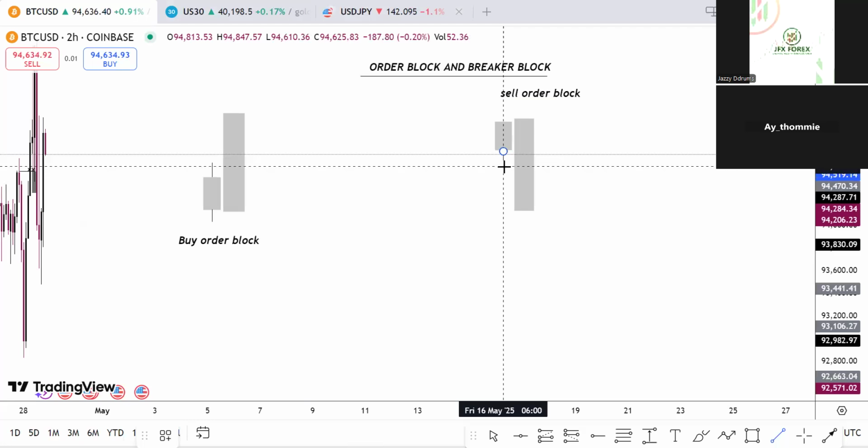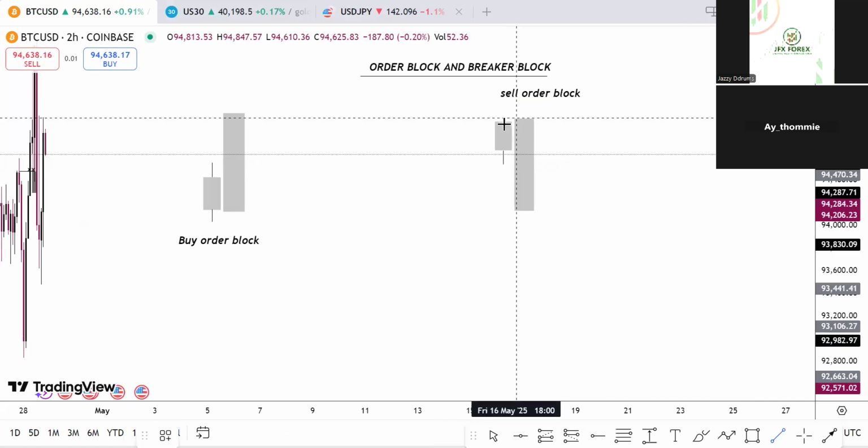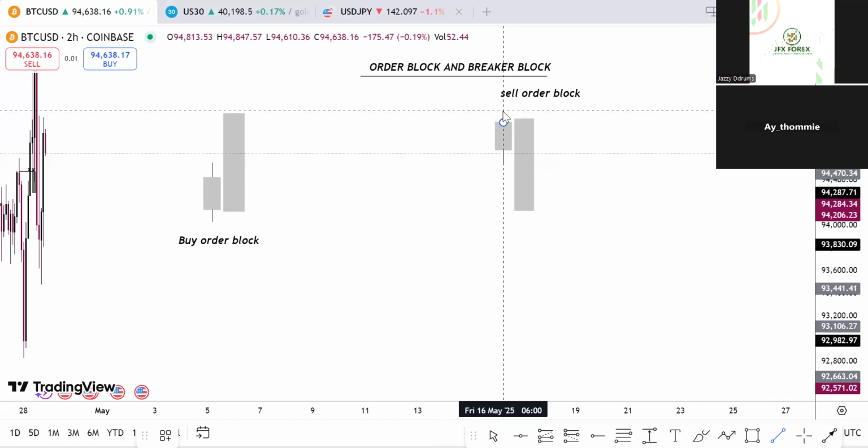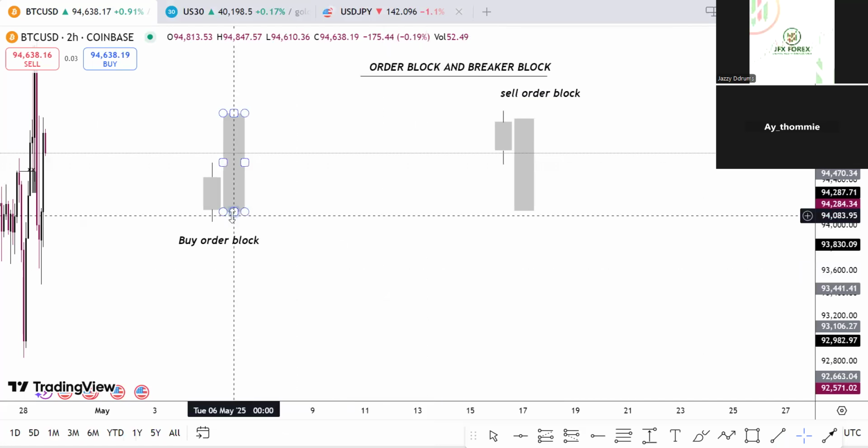Each order block comes with different candlesticks. You see some, they will come in like this.